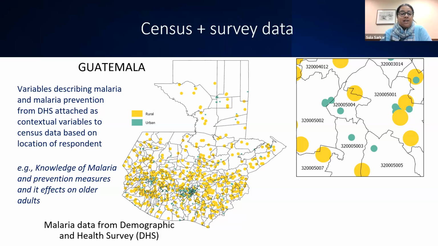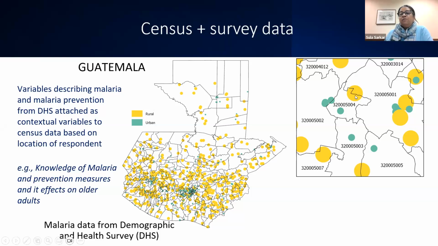So here is an example from DHS. We are giving an example of how you could use the knowledge of malaria and prevention methods and its effect on older adults. The older adult population is from census and malaria data is from DHS.